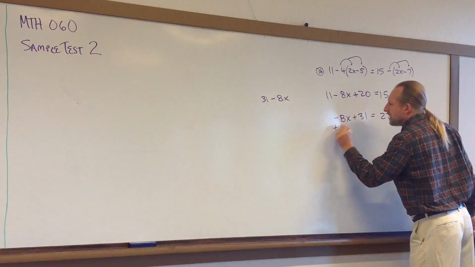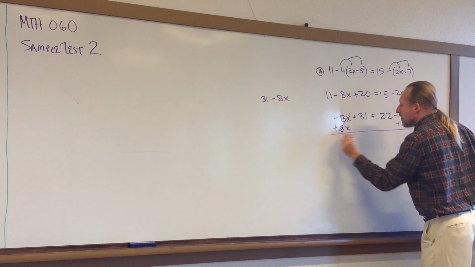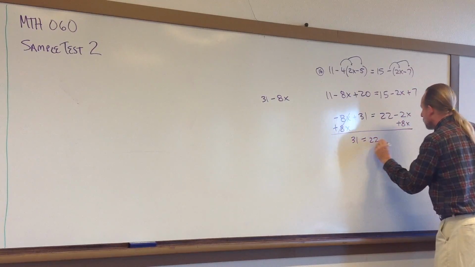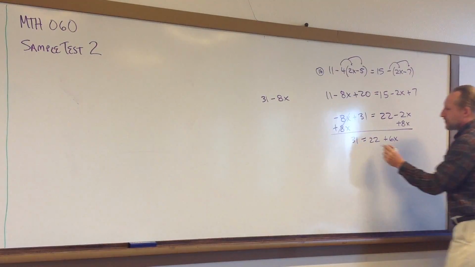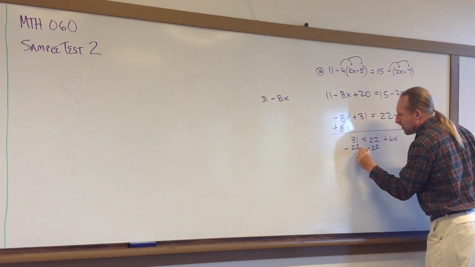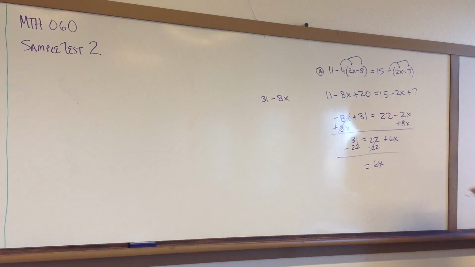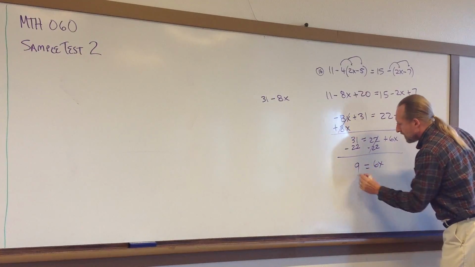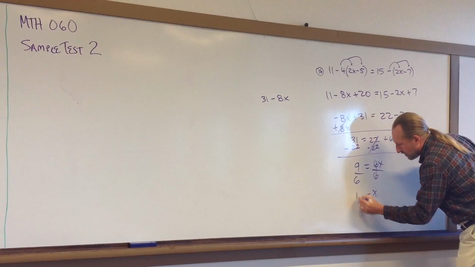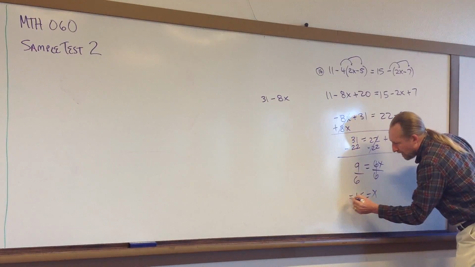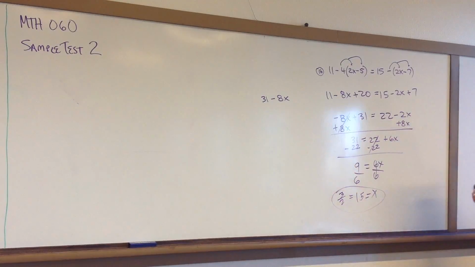Let's add 8x over here. 31 is 22 plus 6x. And then I'll subtract the 22 over here. So we're just left with 6x. And over here, looks like we're going to end up with 9. And so if we divide on both sides by 6, x is 1.5. If you want to call that 3 over 2, that's fine as well.